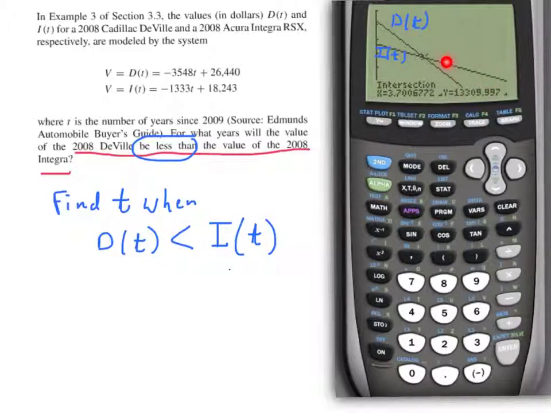And when we write the answer, what we want to do is write all these x values that would be along the x-axis corresponding to that portion. The point of intersection right there is 3.7, so it's going to be true for all x greater than 3.7. So the solution set there would be t is greater than 3.7 years.